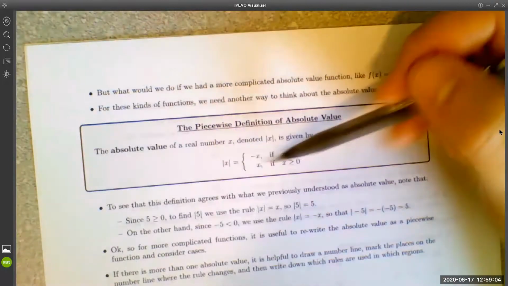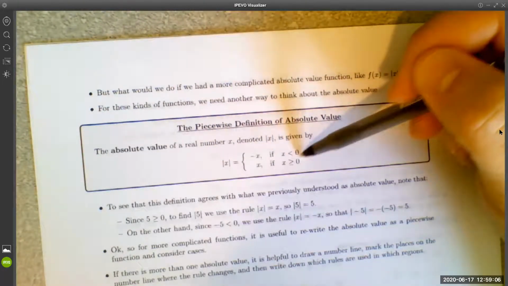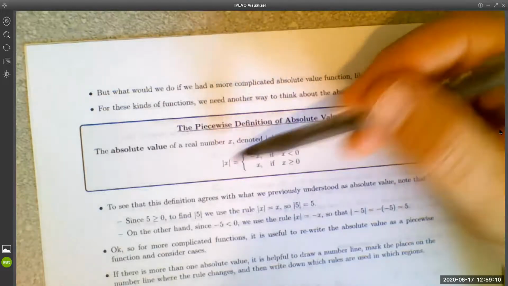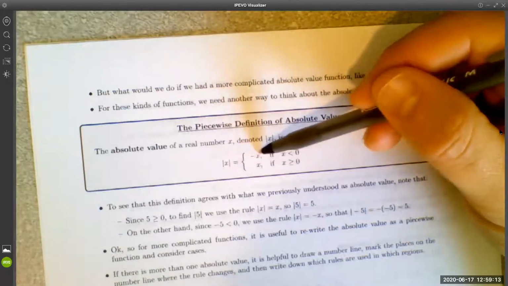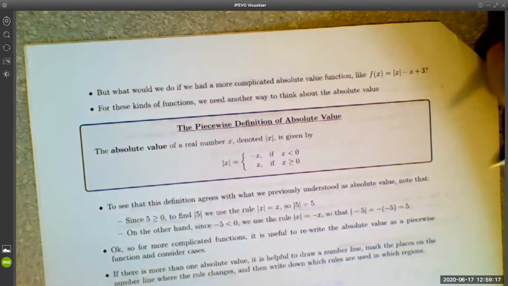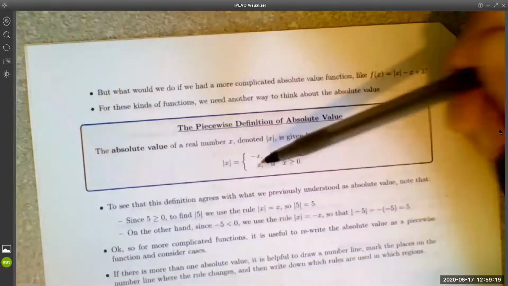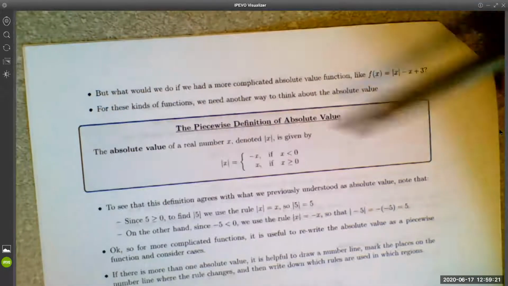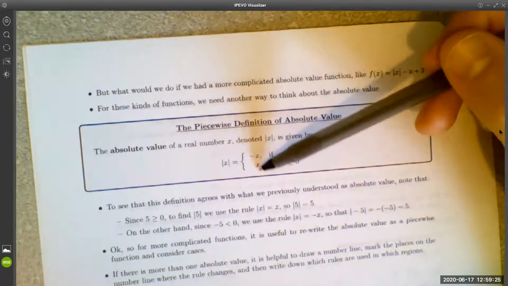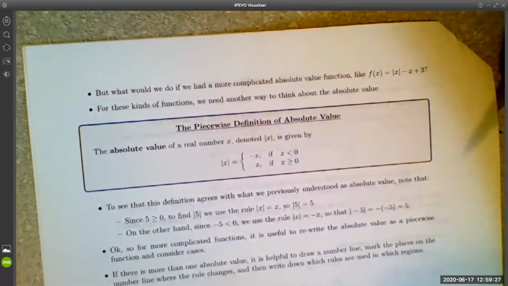Well, since negative 5 is less than 0, we would use the top rule. So we would say absolute value of negative 5 is negative negative 5, which is positive 5. So it works out. This definition still works. It still takes negative numbers and returns positive numbers, and it takes positive numbers and leaves them positive.